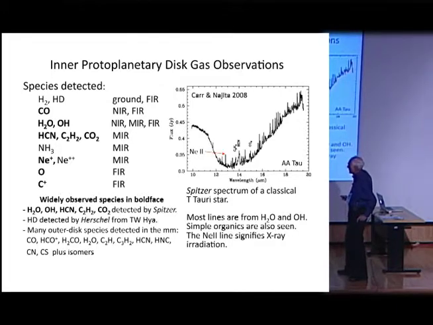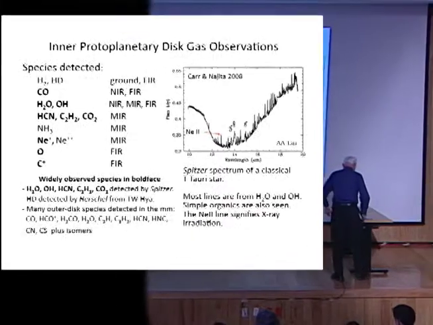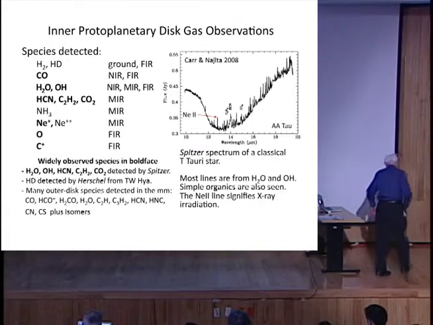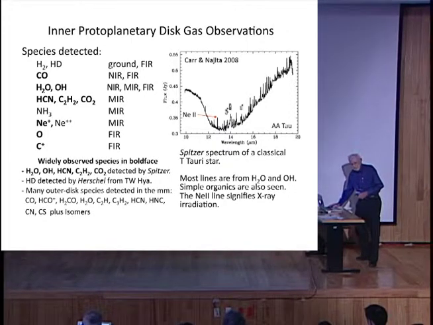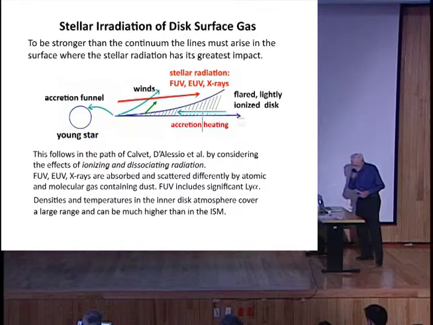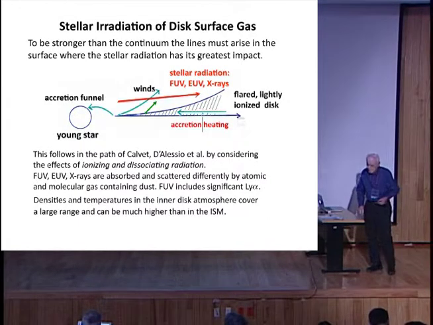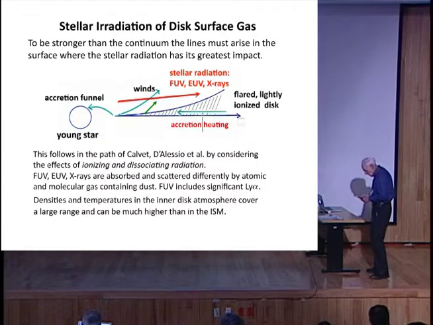And then Herschel has contributed also in the detection of water and CO, and of course the fine structure lines of these atoms. So there is and will be even more ample detailed spectroscopic measurements of the gas in these disks.